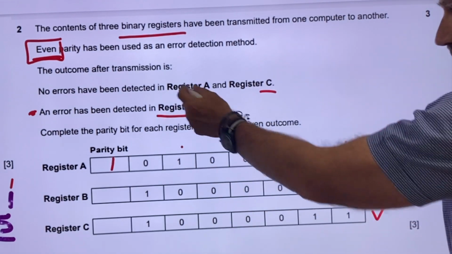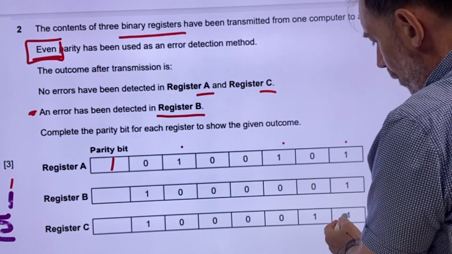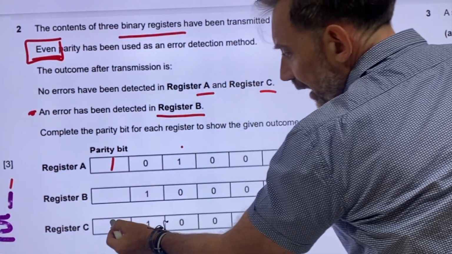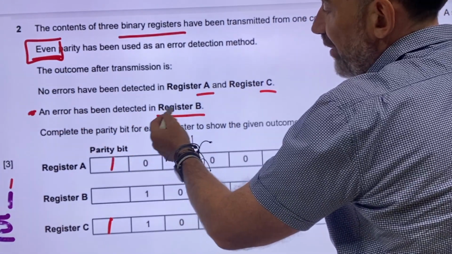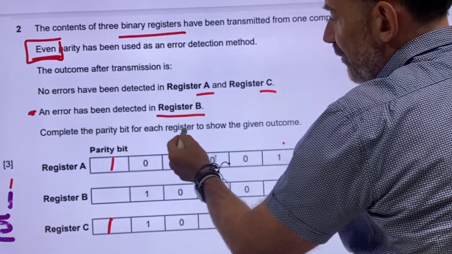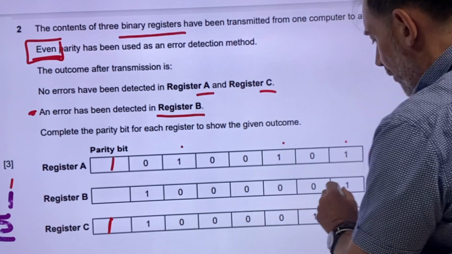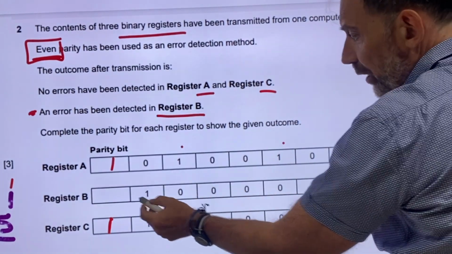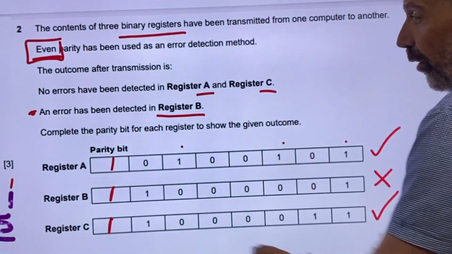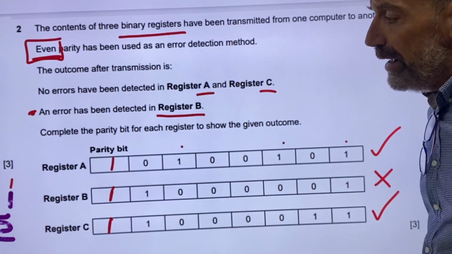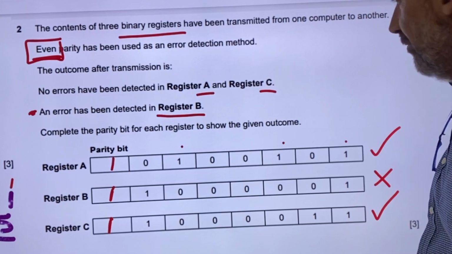We'll do C. Again, 1, 2, 3, it must be a 1 in there to make it 4, to make it even. An error has been detected in register B. So we've got 1, 2. We must have a 1 in there as well to make that 3. So all of these parity bits must be 1. And that's it, 3 marks.